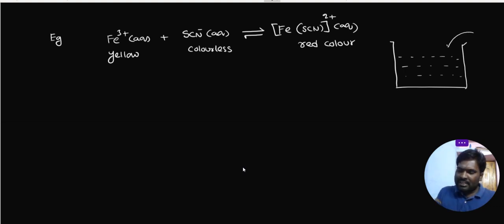So to this system, we are adding a small amount of either Fe3+ or SCN-. Suppose for example, we are adding a small amount of Fe3+.